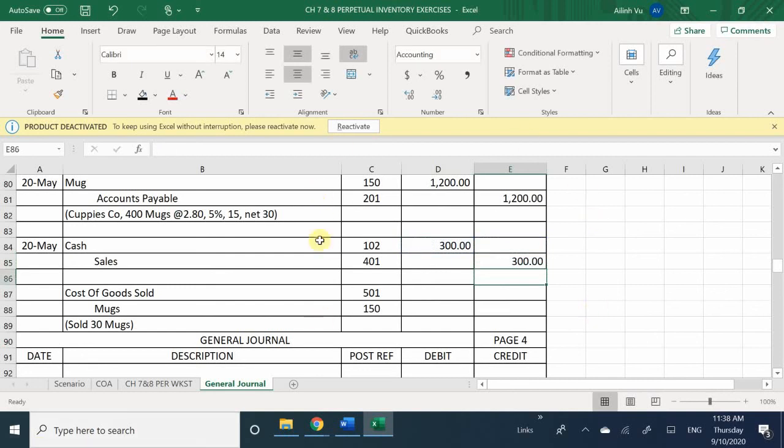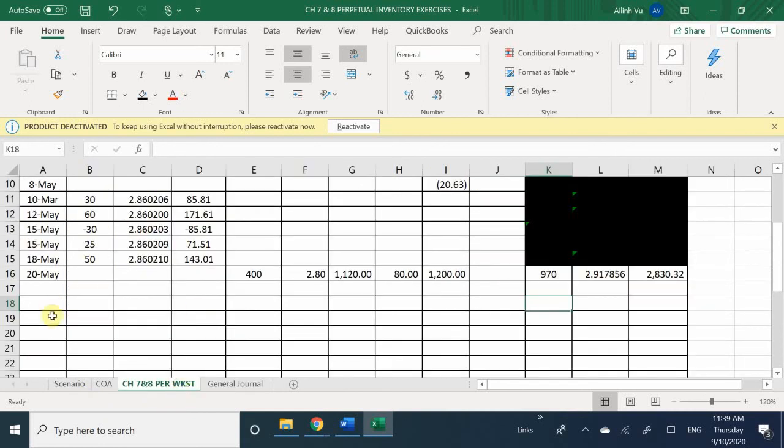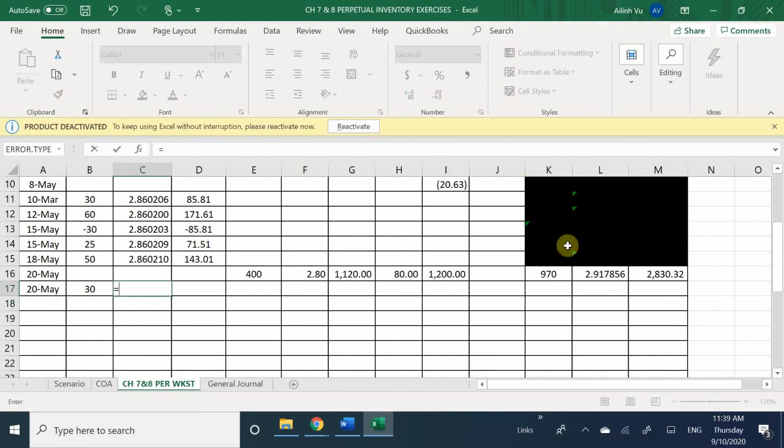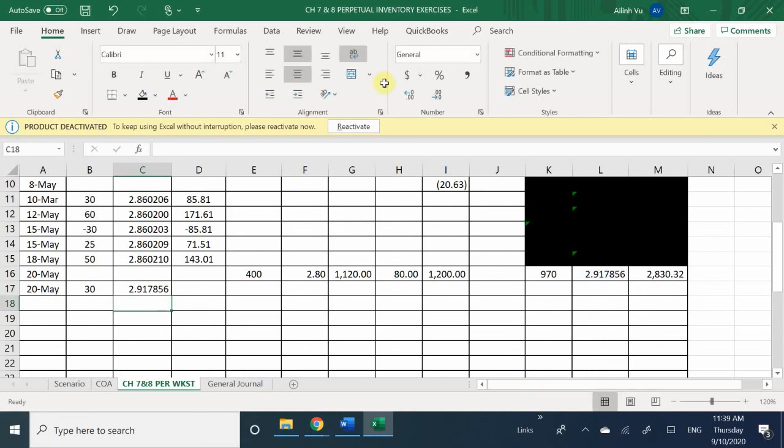Okay. Now we have to go back to our cost of goods sold because we made a purchase, right? Our cost of goods sold is going to be different. So in this case, on May 20th, we sold 30 at what cost? $2.917. So what is my new cost of goods sold now that I have a new entry in here?